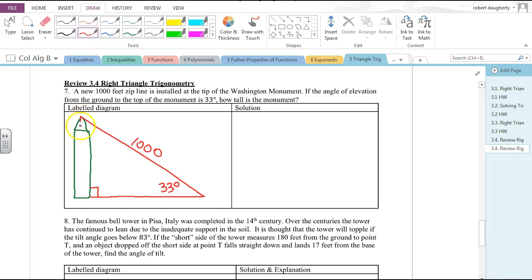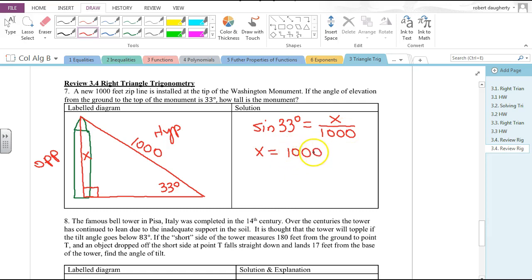So I'm looking for this variable right here. I've got an angle, and it looks like this is the opposite side, and this is the hypotenuse. That's telling me to use my sine function. So the sine of 33 degrees is equal to x over 1,000, which means that x is equal to 1,000 times the sine of 33 degrees.